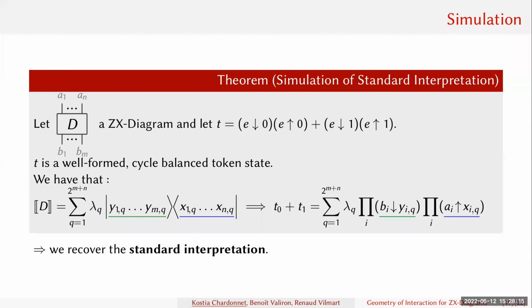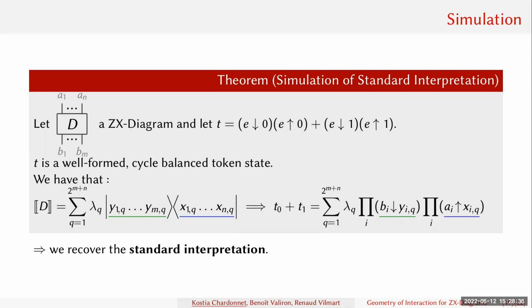This is correct by the rules of the ZX calculus. On the wire at the top of the green node, you send the token going up, and on the bottom, you send the token going down. And with that, you can recover the standard interpretation of the ZX diagram.